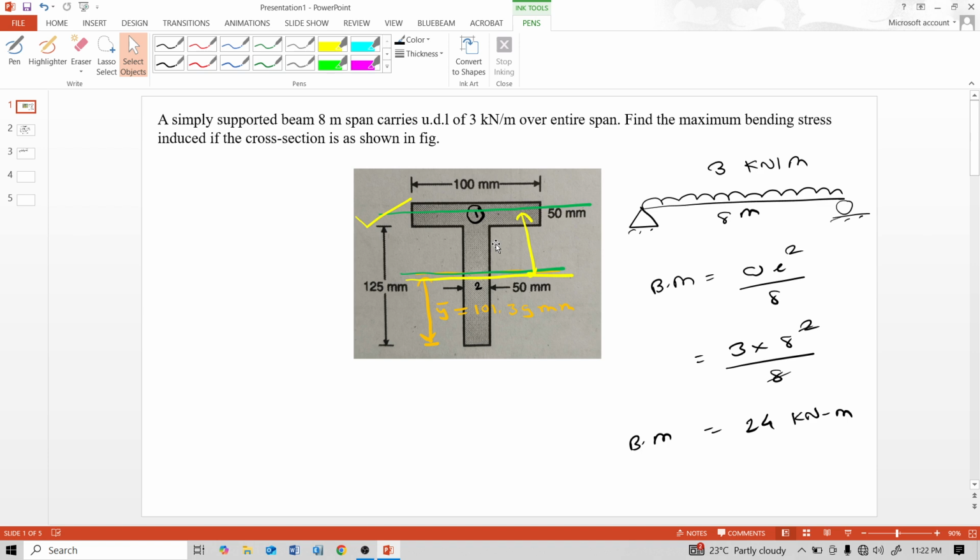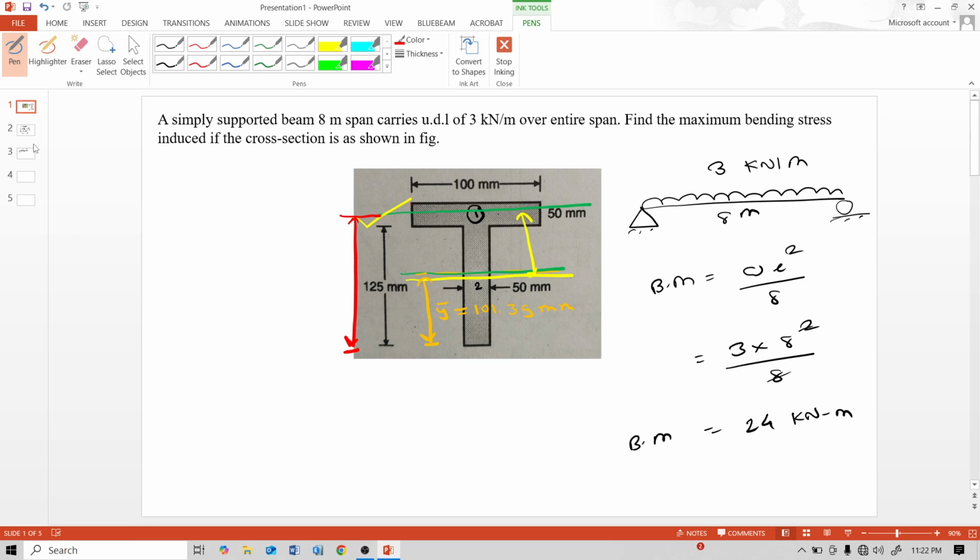That distance is 125 plus 25, that means 150, minus 101.39. From the bottom fiber to the centroid of the top flange the distance is 125 plus 25, that means 150, and the distance from the bottom to the centroid of the T beam is 101.39.